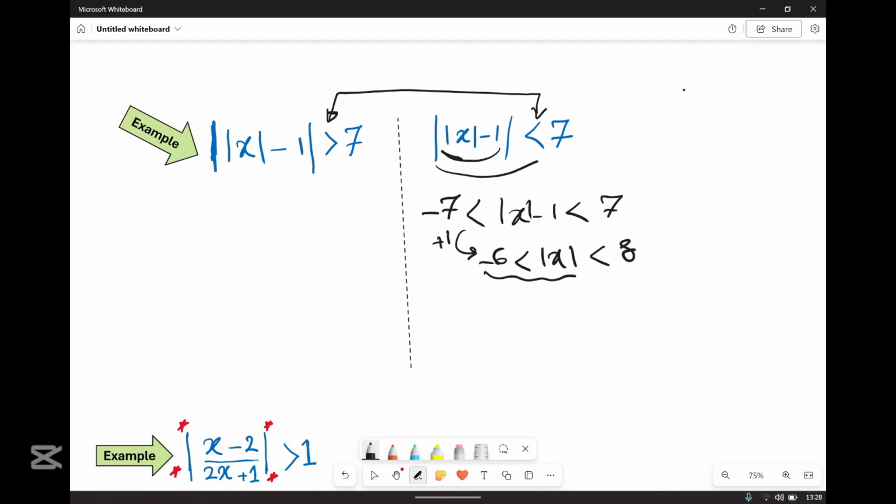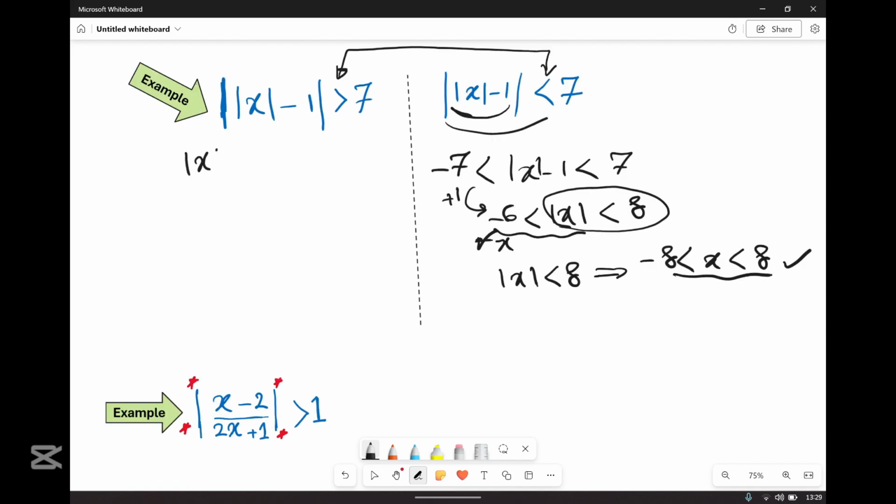This part happens for every x, so it doesn't restrict our x, and if we follow the other side, the absolute value is less than 8, therefore x is between 8 and -8.